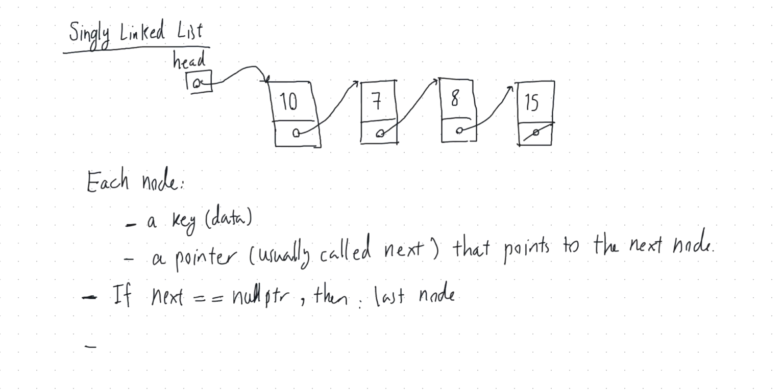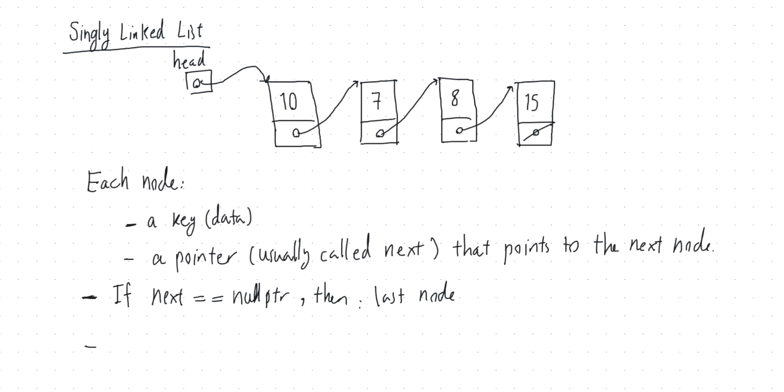The other thing is, how do we know if a linked list is empty to begin with? An empty linked list means a linked list with no node. And usually when we create a linked list, we start from an empty linked list and then we insert new nodes as we go, and then we remove them and so on. But how do we know whether a linked list is empty? That check is very simple. If a linked list is empty, it has no nodes, and in particular, it doesn't have a first node, which means that head doesn't have anything to point to.